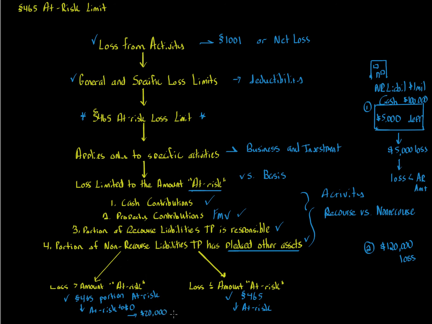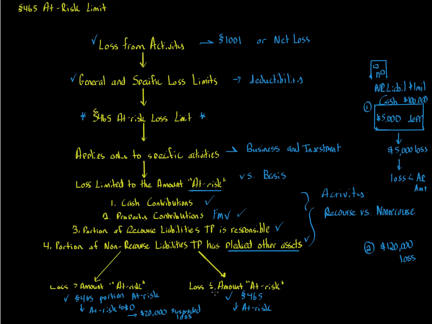It stops here, okay? That loss is suspended, and the suspended loss will be considered in future years going through the same tests. So if there's a cash contribution or property contribution or more recourse or non-recourse liabilities in the future, then that $20,000 suspended loss might be allowed to be taken in a future year if the at-risk amount goes up and allows for it.